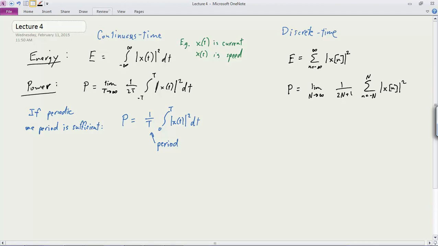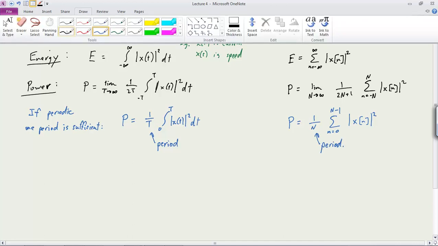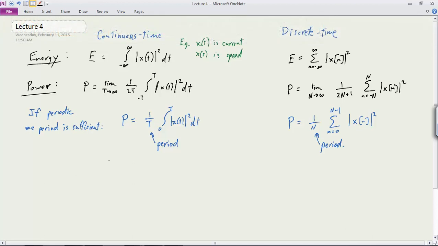And same thing, if you have a period, then you can just sum over one period. Okay, well, that's a period. All right, any questions about that? I'll put a note here that x of t magnitude squared, this thing here, is instantaneous power.